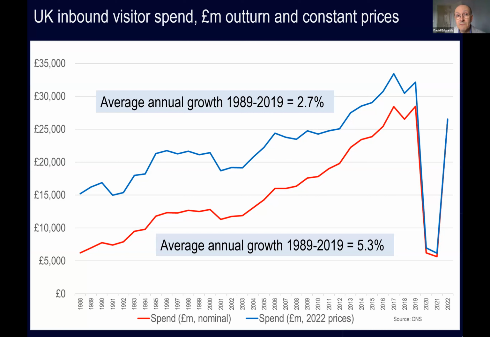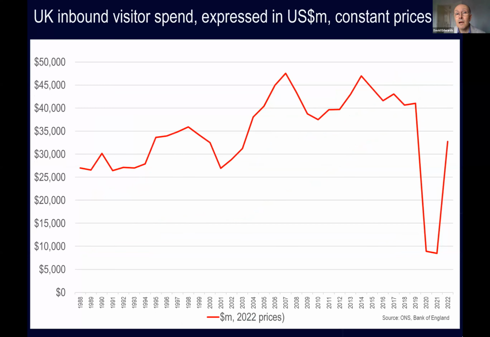One of the other things we very often want to do is compare a basket of countries to see how they are performing over time. Of course, many countries use their own distinct currency, so that adds another layer of confusion and challenge when we're thinking about the units. The United Nations World Tourism Organization tends to convert everything into US dollars, so that's what I've done here.